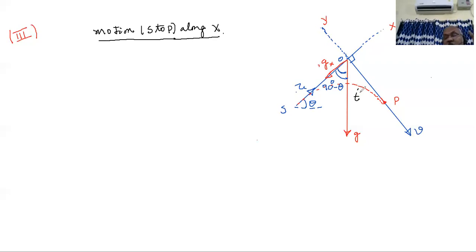Time is independent of x and y or whatever motion we take. And I consider V equal to U plus AT. Some of us might be wondering whether we are eligible to use this equation under such peculiar conditions. Yes.